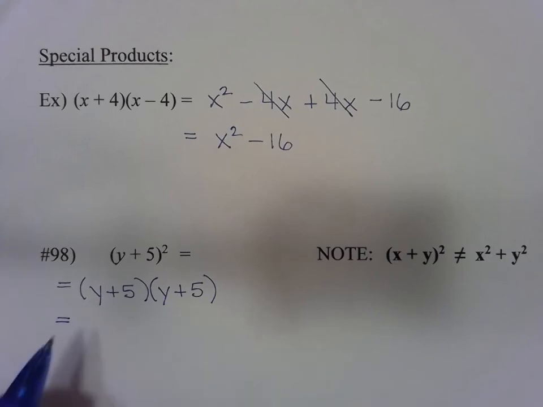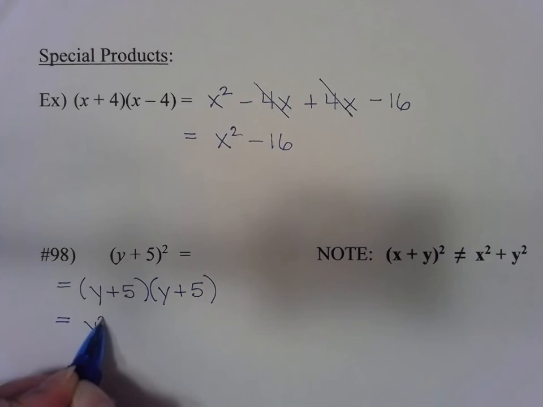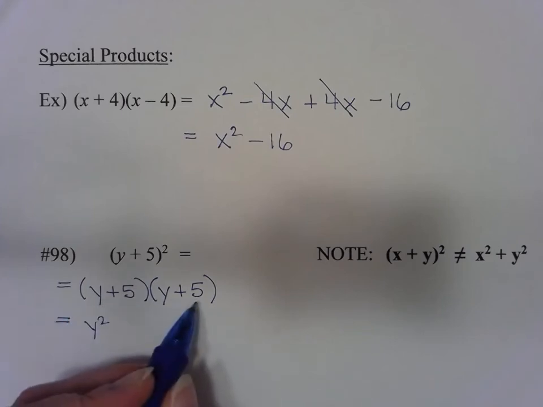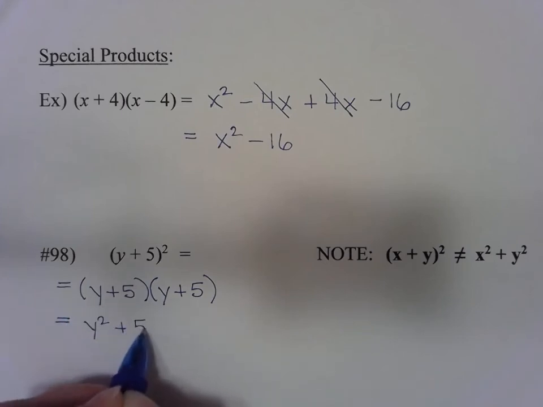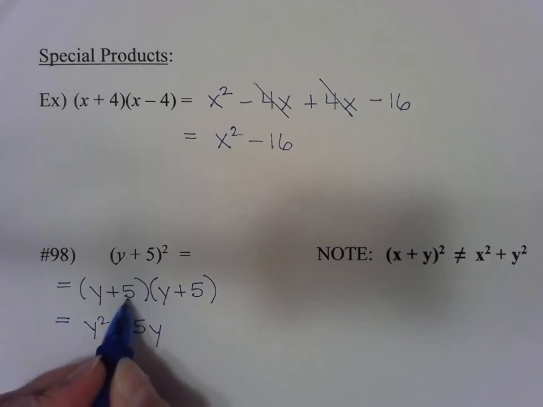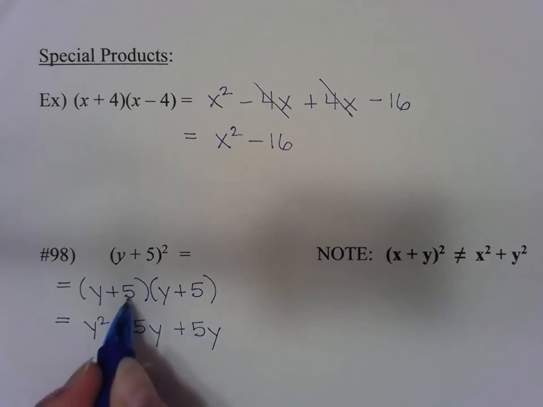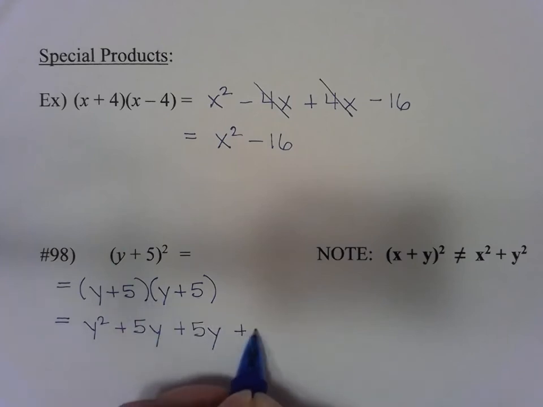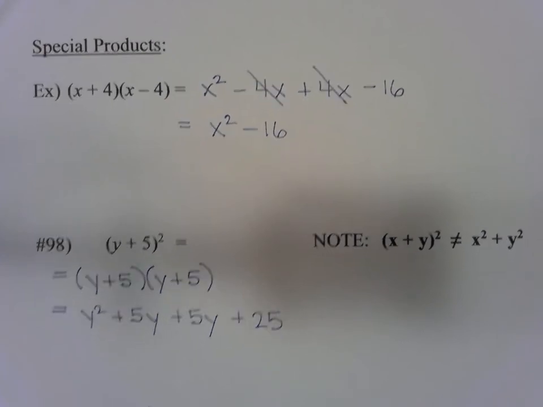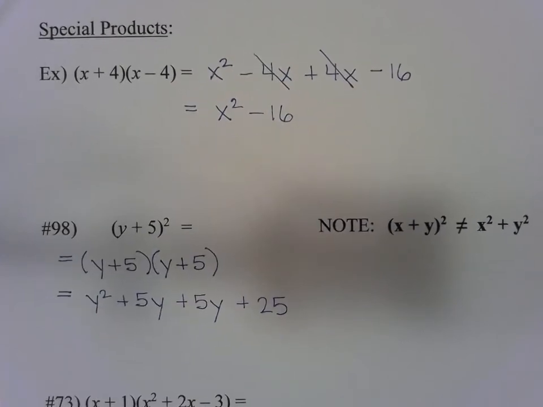So if I FOIL this out, I'll have y squared. On the outside, I'll have plus 5y. On the inside, I'll have plus 5y, and then 5 times 5 gives me 25. This time, the middle terms do not cancel, right?